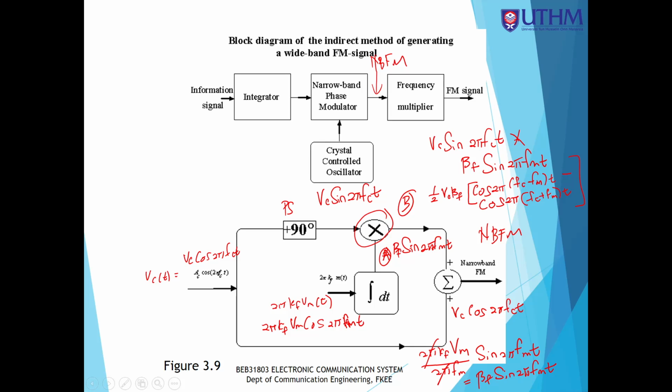So kalau you lihat pada akhir di sini you akan dapat pada point C. Saya buat di sini lah point C. So at point C adalah hasil tambah point B dengan carrier.